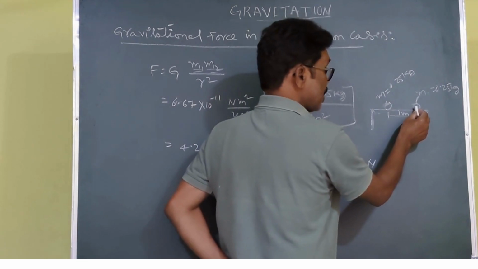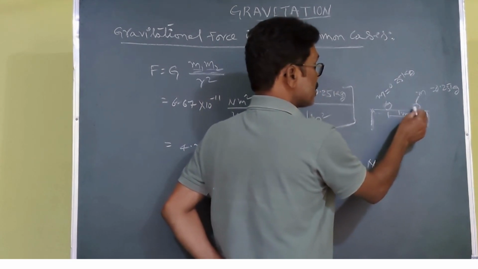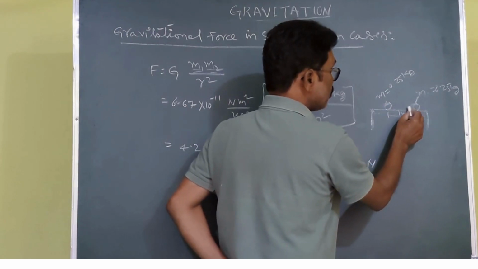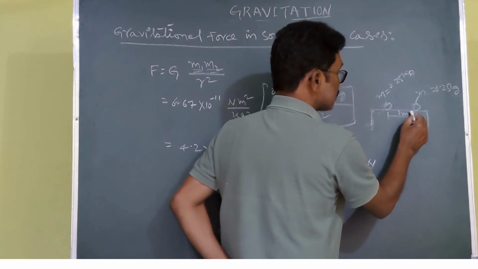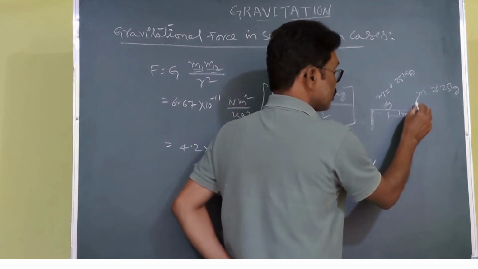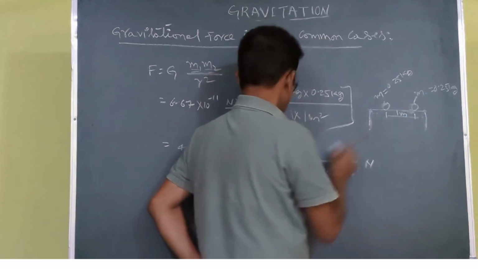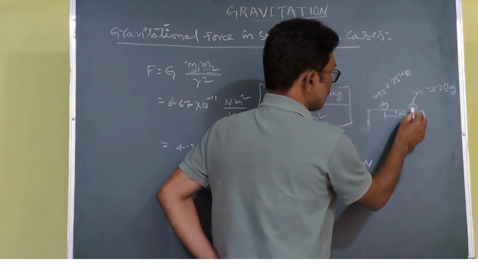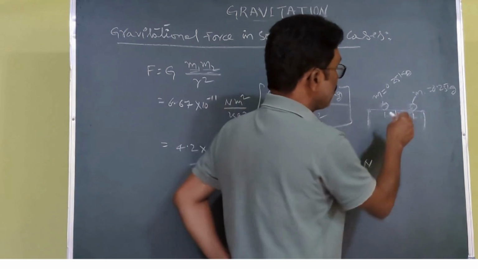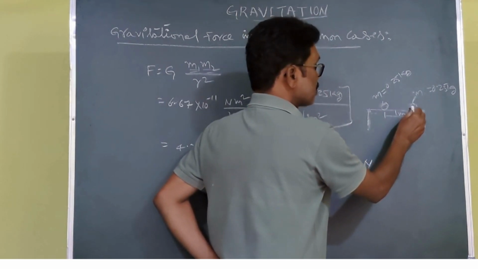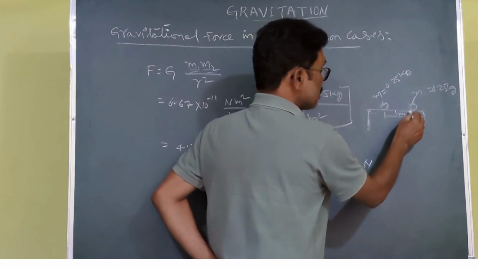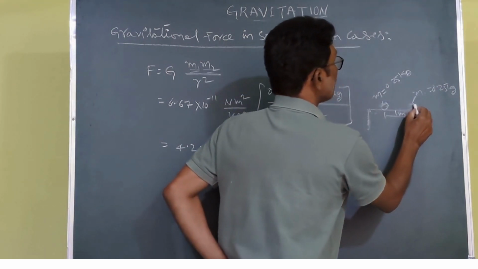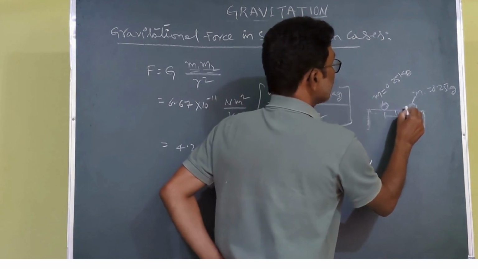So why can't this object move? When it tries to move, the frictional force is established in the opposite direction. Even though a 4.2 times 10 to the power of minus 12 newton force is there between these two particles, we cannot find any movement, because this force is much less than the frictional force.